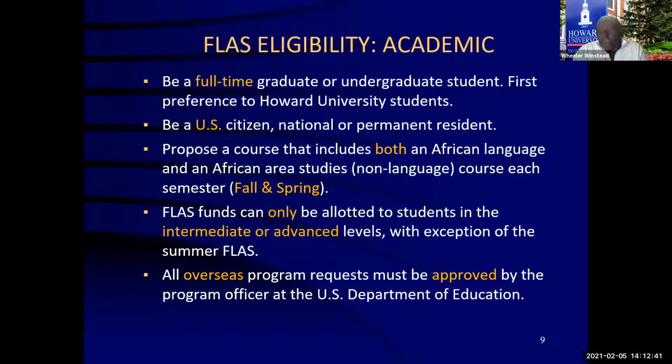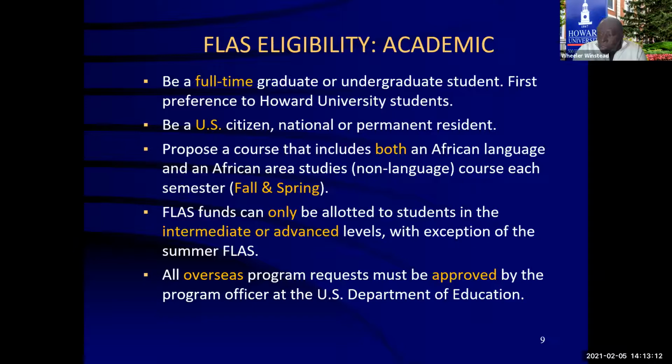So let's look at how this could work for you. Let's say you haven't taken an African language yet. If you want to qualify for the academic year 21-22, what you could do is take a FLAS and take an African language in the summer. That would then make you eligible for a FLAS for the academic year 21-22.